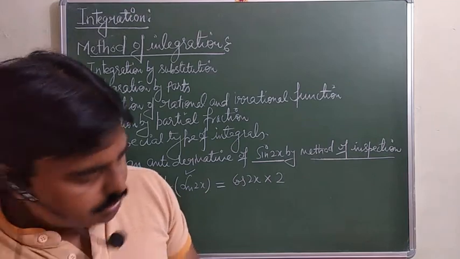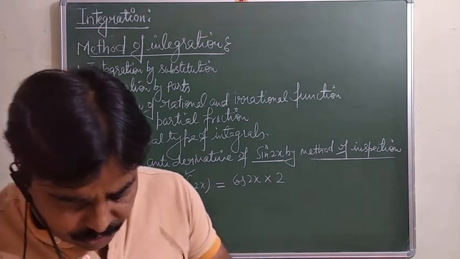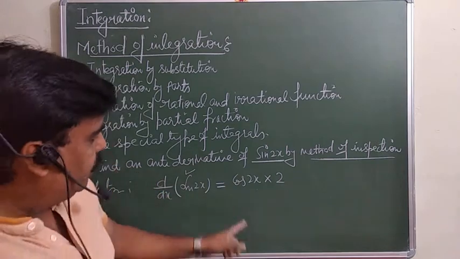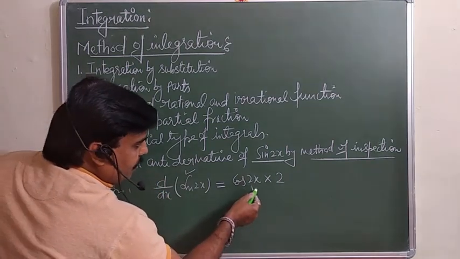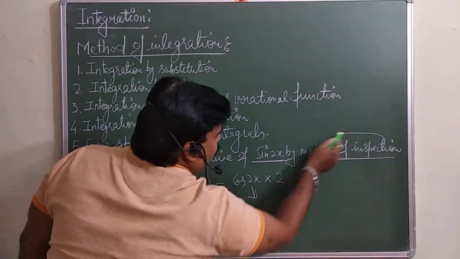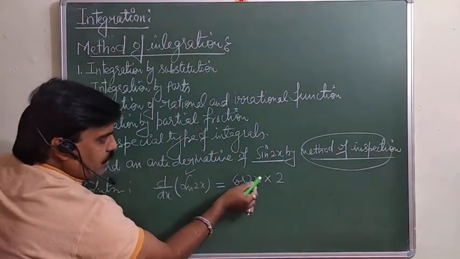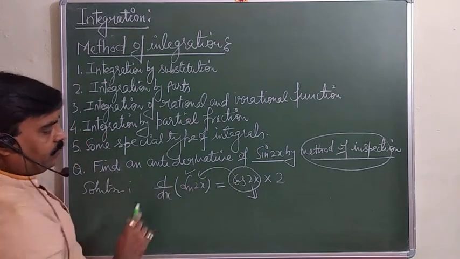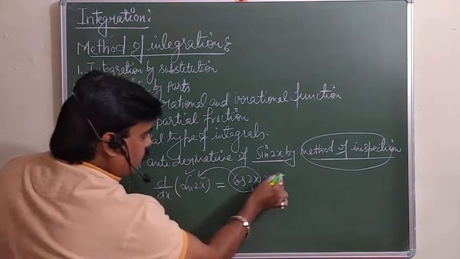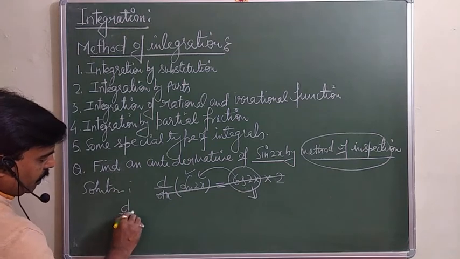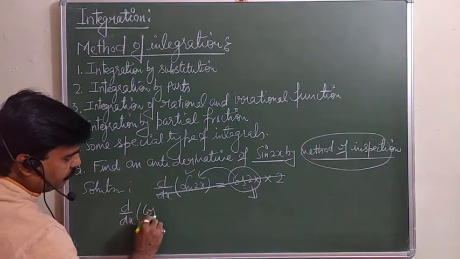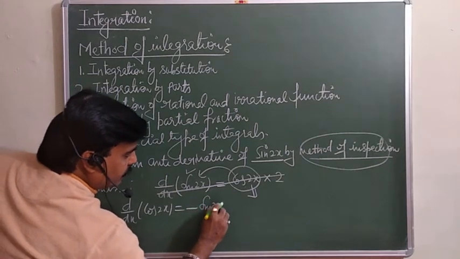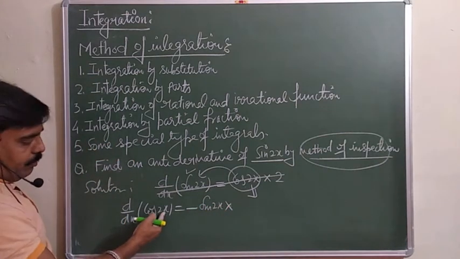Now the question is sin 2x. But because by the method of inspection you want to do it, we know that if you take the derivative of this one, you should get the function whose antiderivative we want. So how will we do this? Take the derivative of cos 2x, that will be equal to minus sin 2x, and the derivative of 2x is 2.